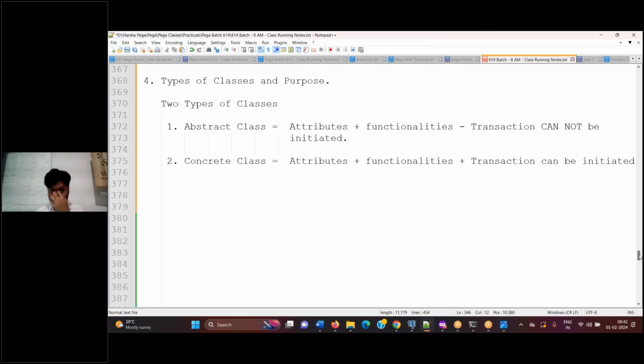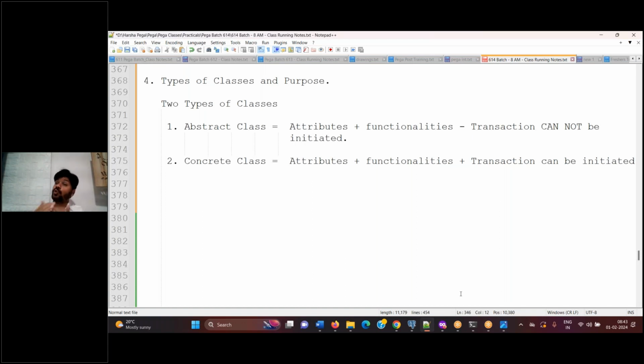So an abstract class cannot have any authorization or authority or access to initiate the transaction. A concrete class you can initiate. Generally I am saying, not always. With the example we have discussed, loan processing, all this example, in that, verification is the higher class, the remaining are lower classes.